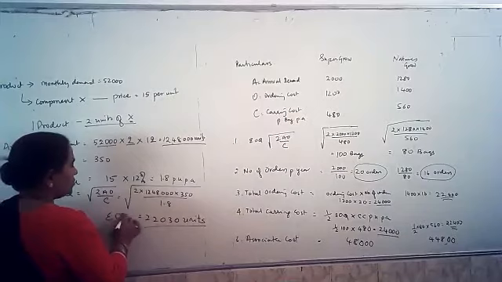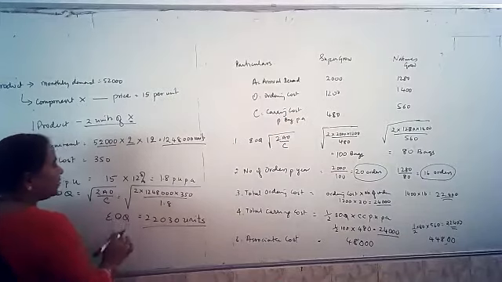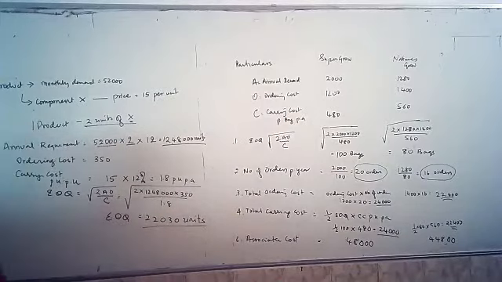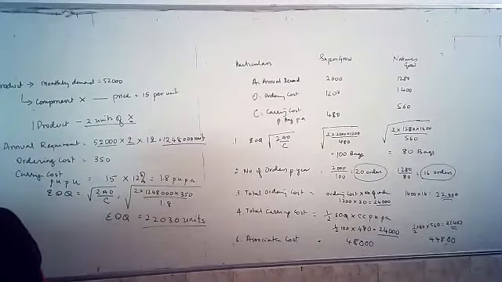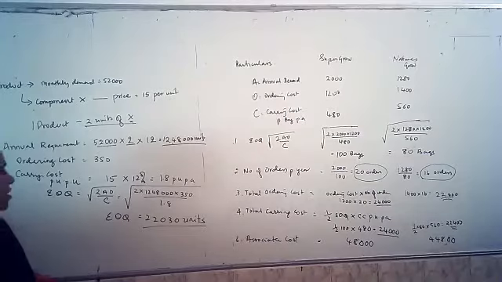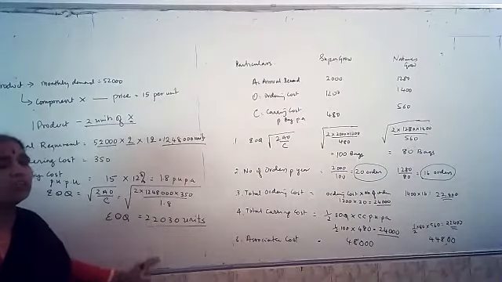EOQ is equal to 22,030 units. Now they are asking: we have calculated EOQ for components. If the minimum size to be supplied is 52,000 units, what is the extra cost the company has to incur? So instead of EOQ, they have to order.